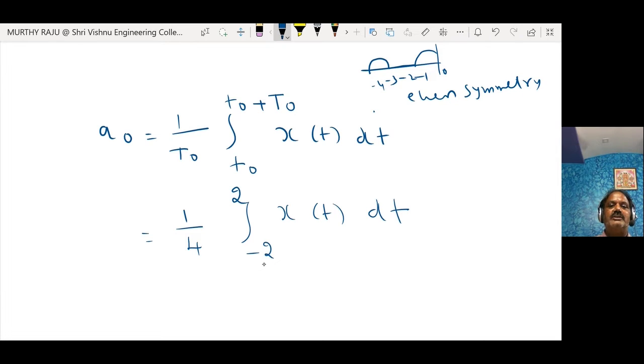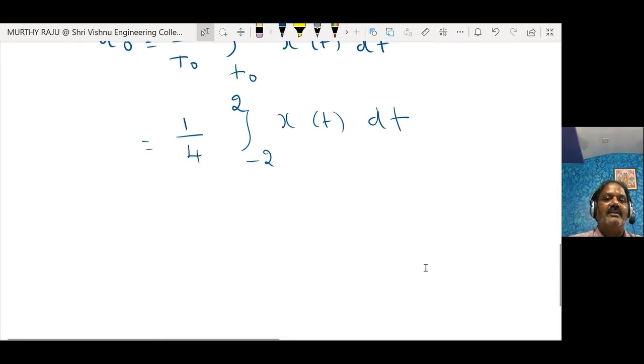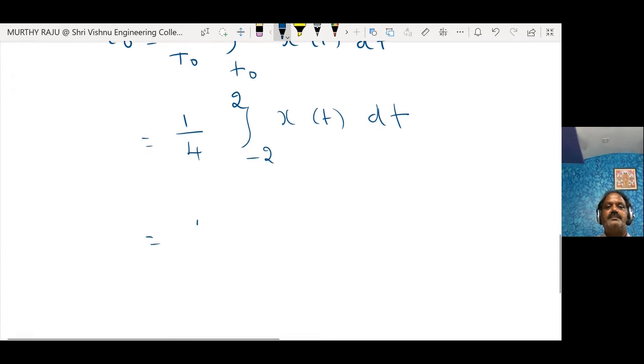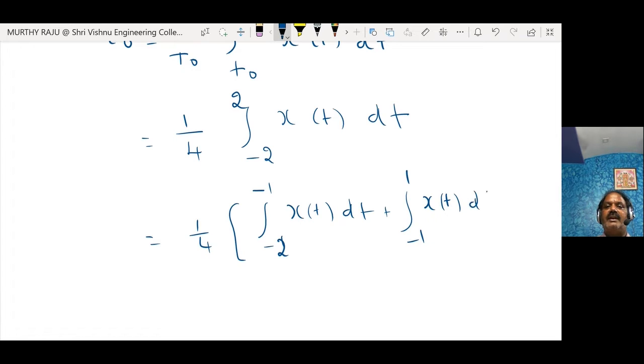This interval is split into 3 intervals: 1 by 4 times the integral from minus 2 to minus 1 of x of t dt, plus the integral from minus 1 to 1 of x of t dt, plus the integral from 1 to 2 of x of t dt.